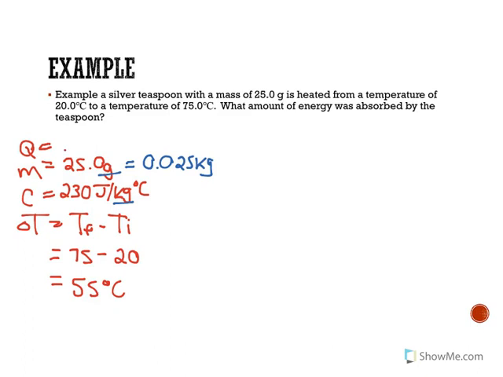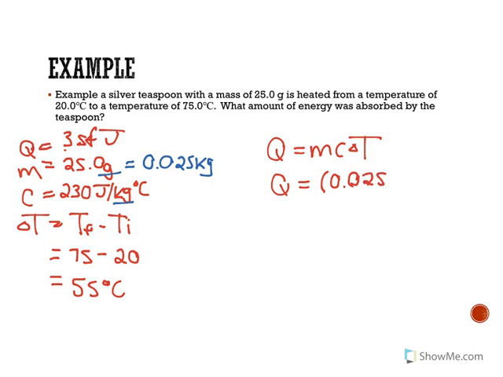We're looking for our energy. So taking a quick look, we need our answer to 3 significant figures and our answer in joules. So Q is equal to mc delta T, and plugging in our numbers, we have 0.025 multiplied by 230 and 55.